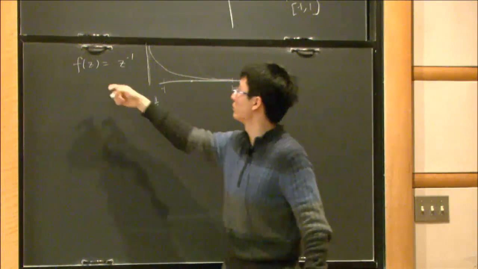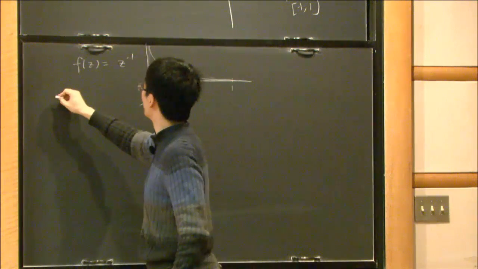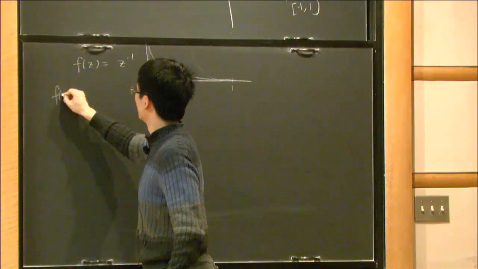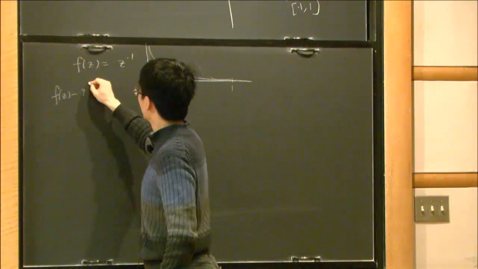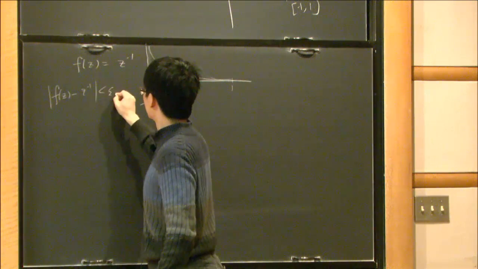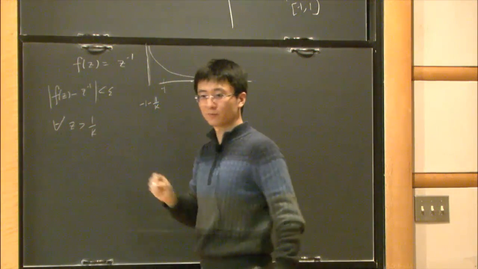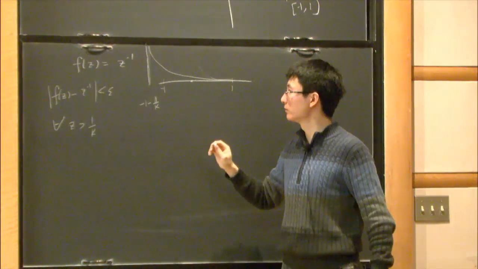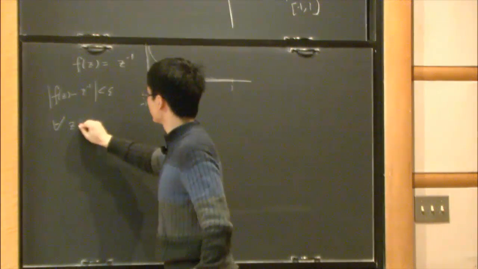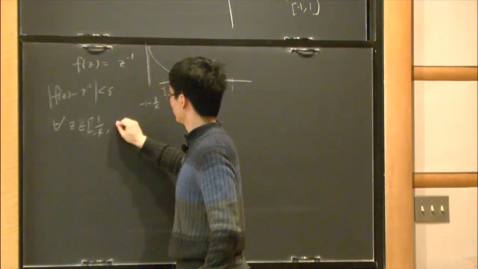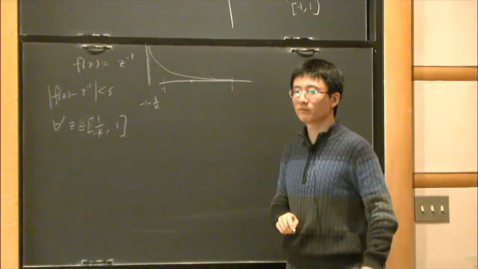Suppose we want this inversion to be correct to within epsilon for every z that is larger than 1 over kappa. We're actually supposed to think of z as standing for matrix A, which we will apply later.